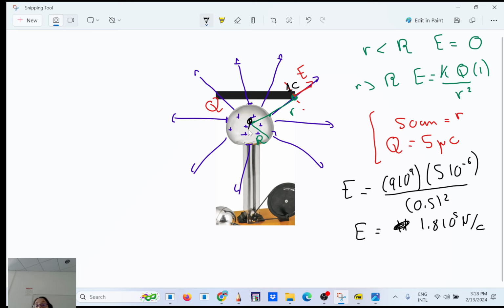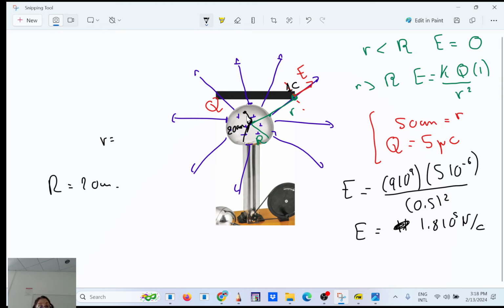And now I say, what's going to be the electric field at a distance of, so let's say the radius is 20 centimeter. Yes, you with me? Okay, what if I ask you to find the electric field at a distance of 10? To trick you. So some people will just jump on the equation.